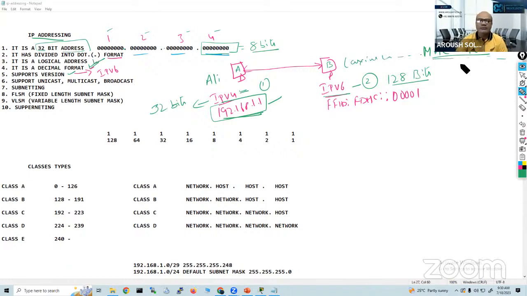They can still communicate with each other, right? It doesn't matter about the name. Same thing here: this is 32 bit, this is 128 bit IPv6. Support version means it has the capability to communicate with other IP addressing. Remember, guys.